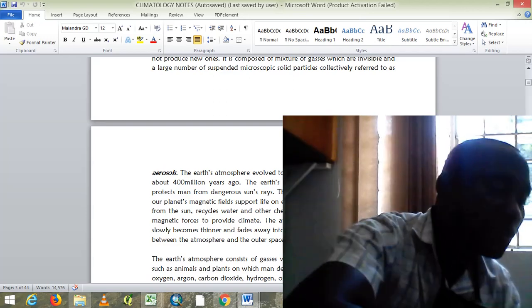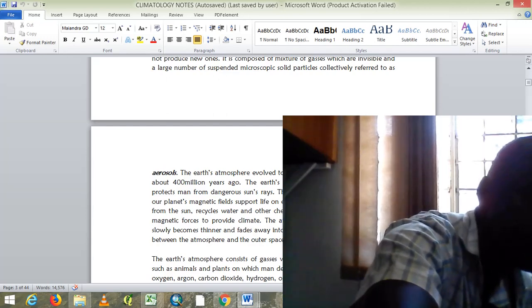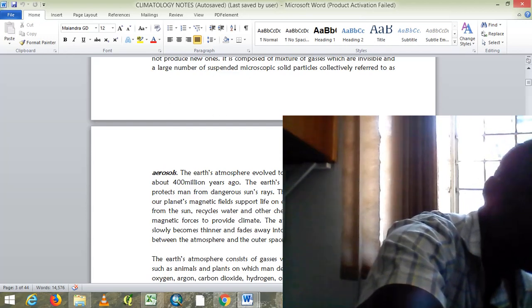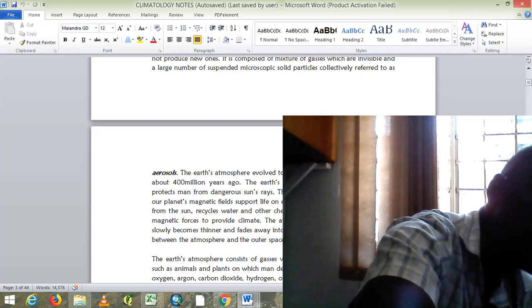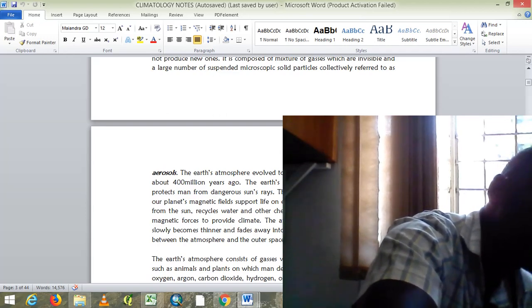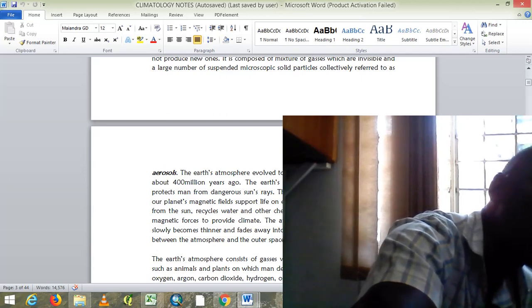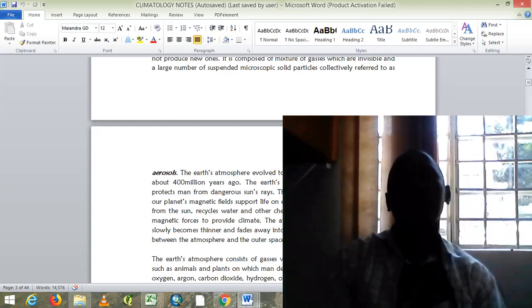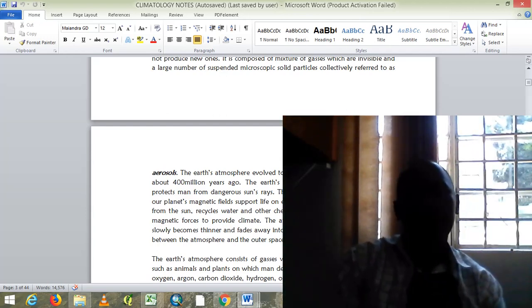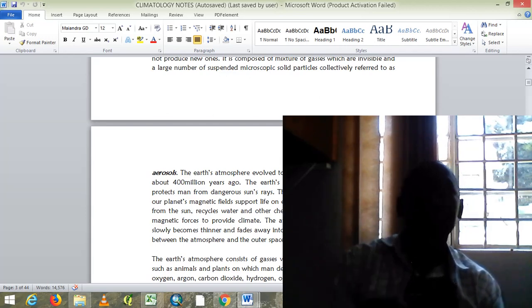And that's why when we are describing the structure of the atmosphere, we talk about transition zones. Between the troposphere and the stratosphere, there is a transition zone called the tropopause. There is also no definite boundary between one layer and another.